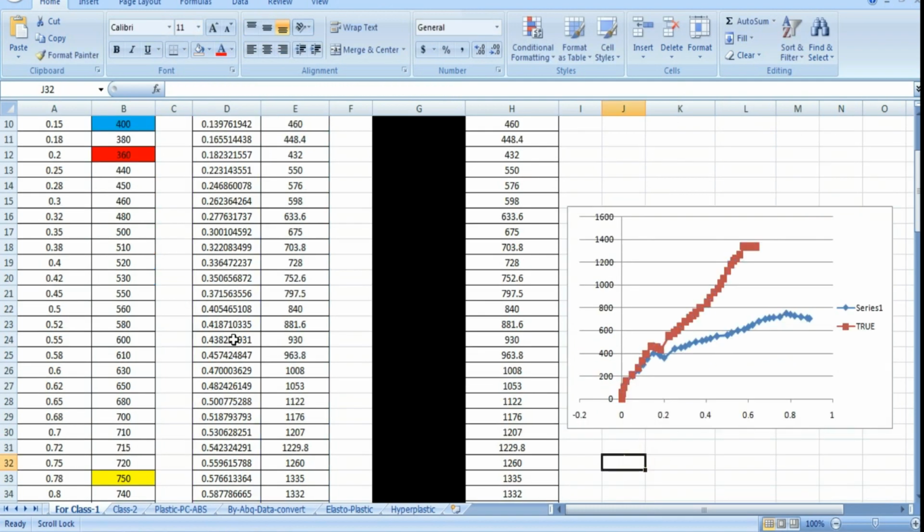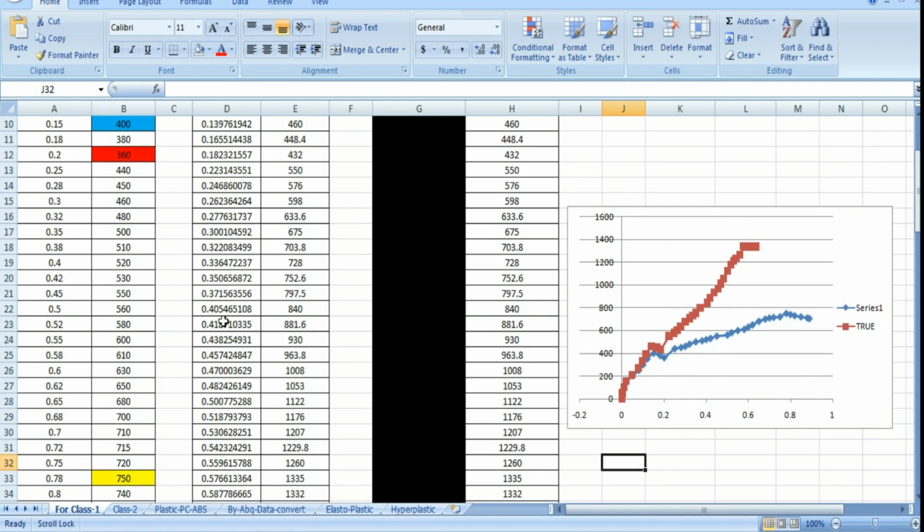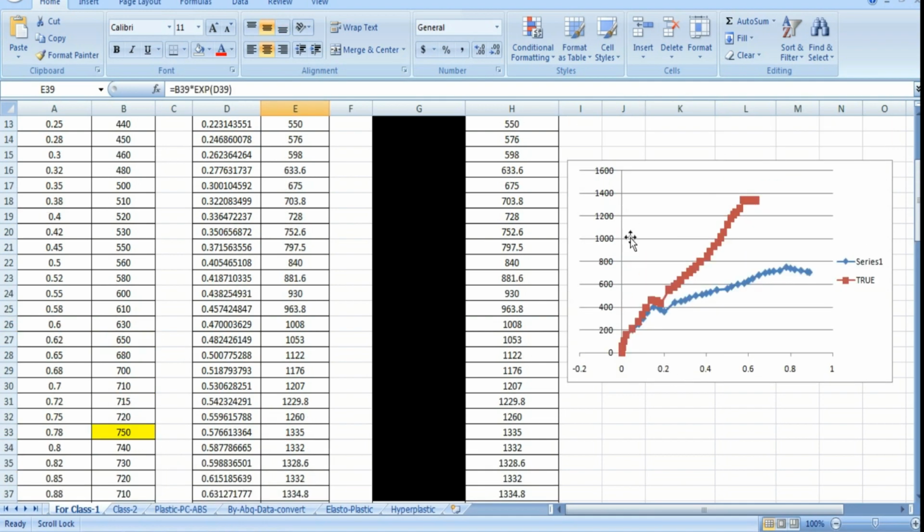Right. So we are having up to 0.9 means 1 mm here. Here it is 1600. So it is going up to 1330 here, right? Stress. Can you see? Have you seen one more important thing, that up to this point, the limit of proportionality, the curves are completely overlapping, correct?